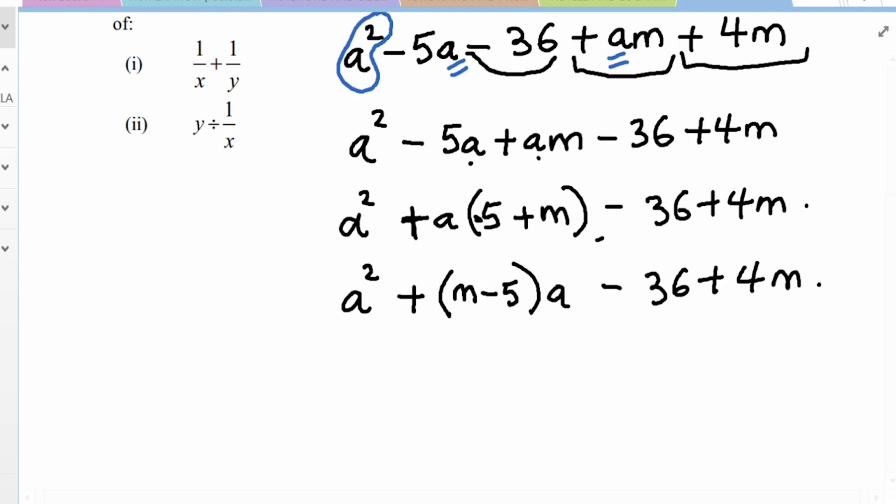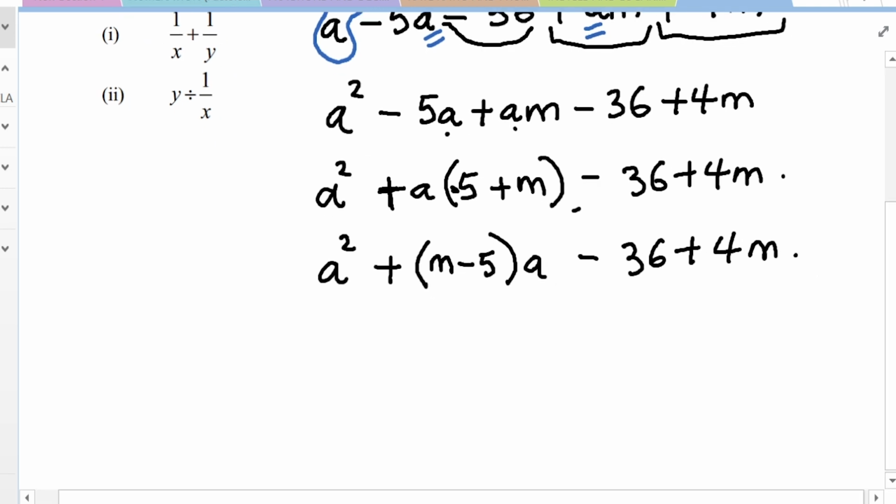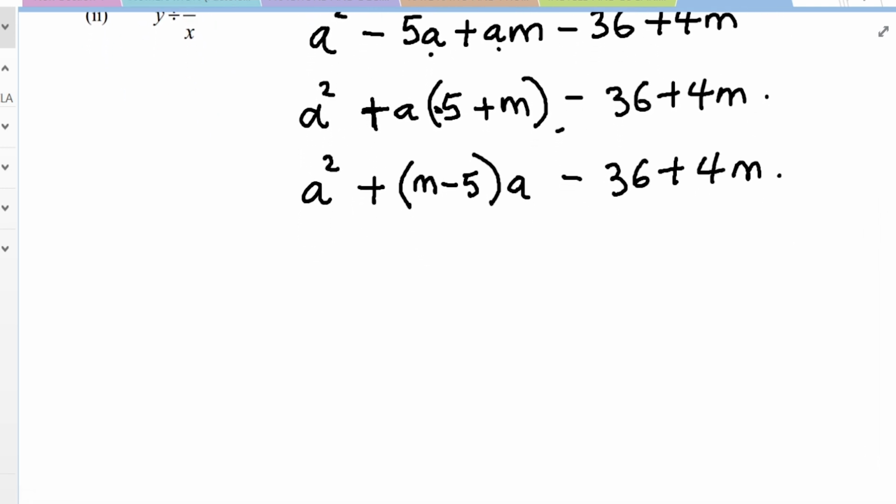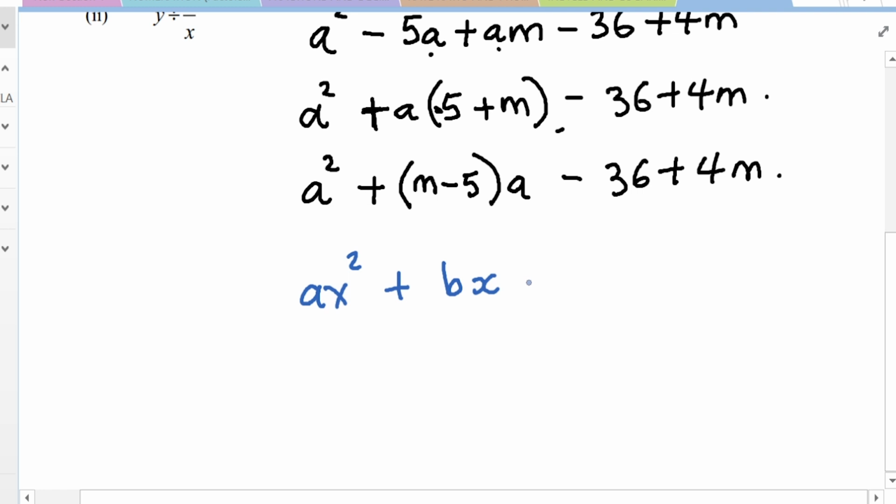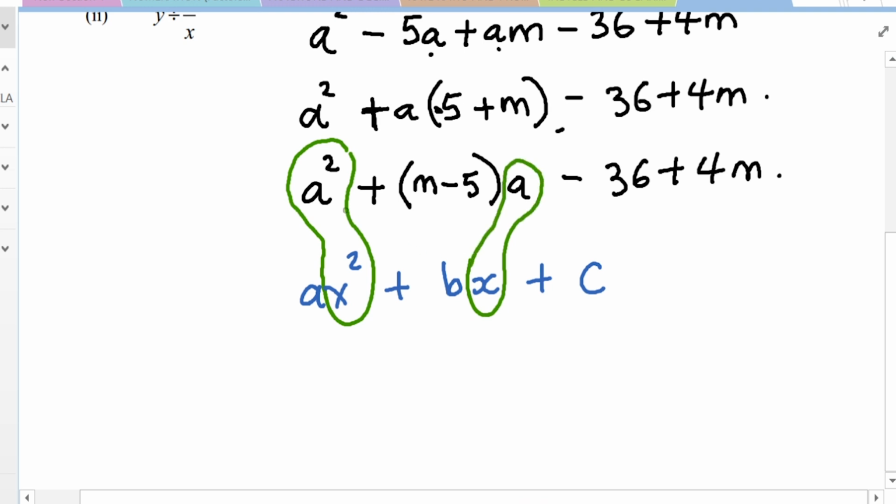I think from here you can see that I have changed this to look like this. It is in the form of ax squared plus bx plus c. And from here we can see that my value of a squared is the x squared right there. My value of x here is the a here, and so as far as this expression is concerned, my value of a here is 1.